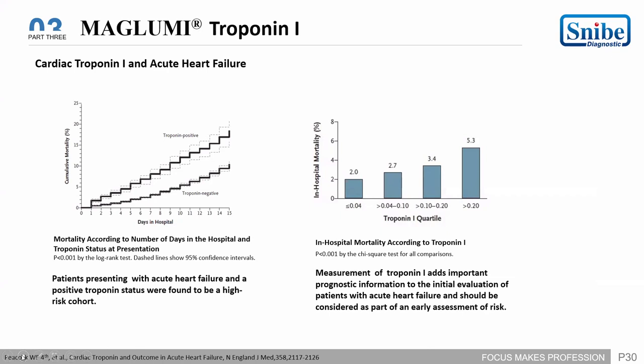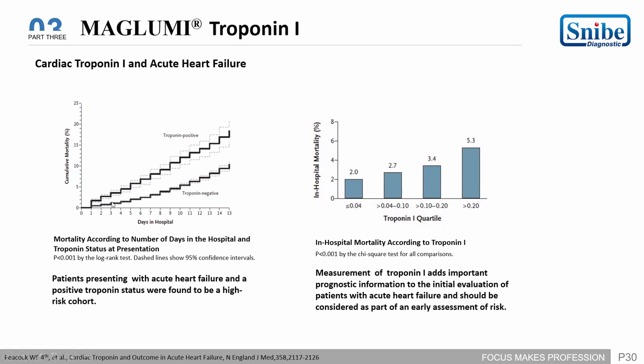If we talk about cardiac troponin I and acute heart failure, according to the patient days in the hospital and the cumulative mortality rate in terms of percentage, we look at mortality by number of days in the hospital and troponin status.